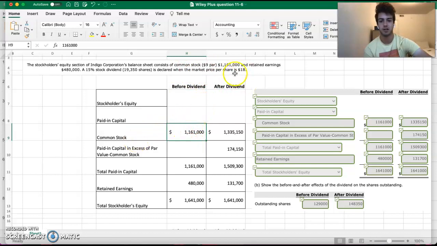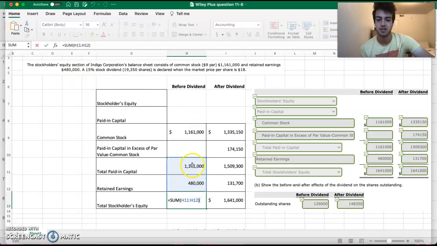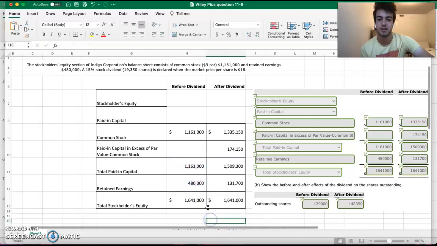So common stock is this value right here, which is the 1,161,000. Total paid in capital is very simple. It's the same value as the common stock. Retained earnings is also given to us at 480,000. And total stockholders' equity is just a sum of total paid in capital and retained earnings.